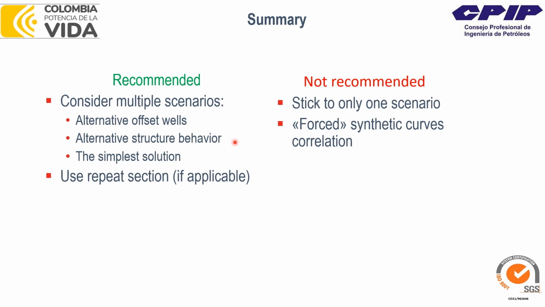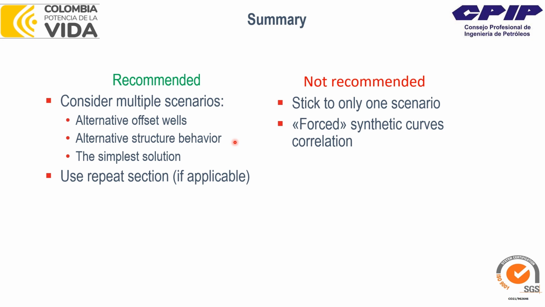You will either discard this correlation afterwards, because it's not reasonable, or you will have another scenario, and this can help you later on. And always remember, the simplest solution is probably the closest to reality.